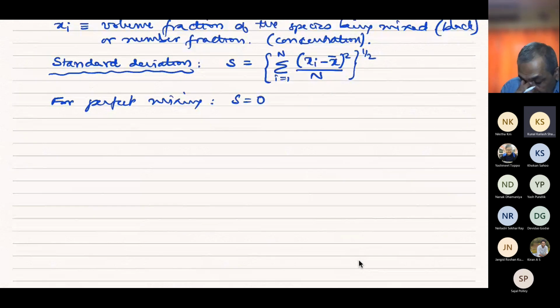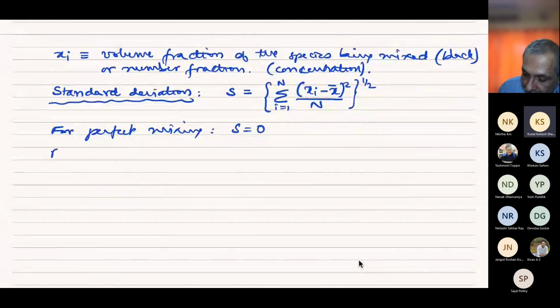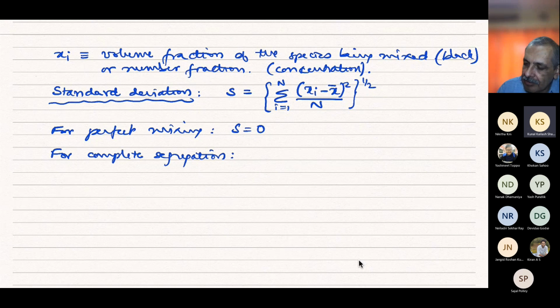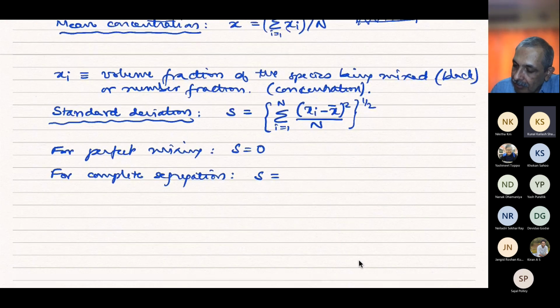So your standard deviation, we can calculate for complete segregation. That is when everything is either over here or over there. So either you're black or you're white.